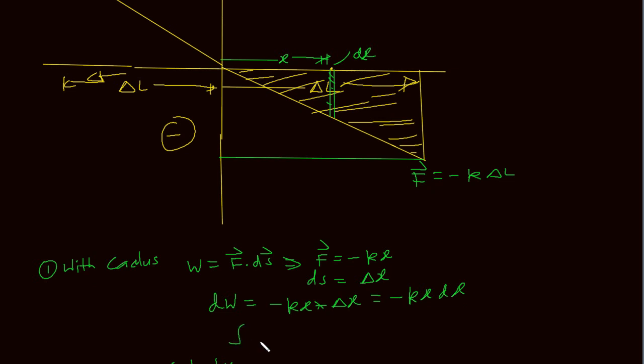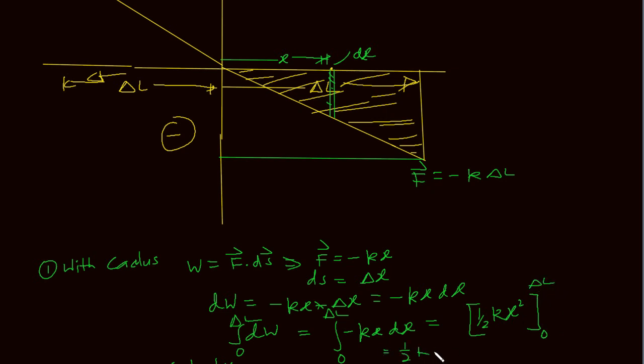And we integrate it from 0 to delta L. We integrate minus k x dx from 0 to delta L. So this gives you half k x square from 0 to delta L, and this becomes half k delta L square minus half k 0 square, which is half k delta L square.